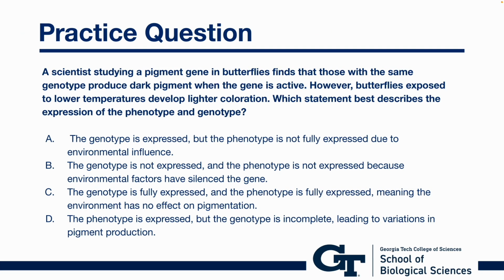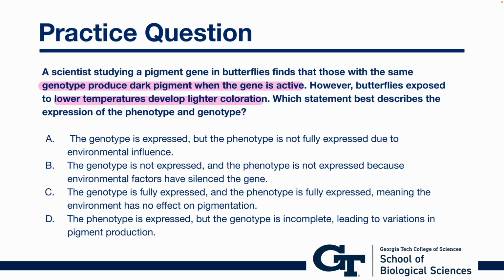Right, we see here, this is a practice question talking about the difference between phenotypic expression and gene expression. Butterflies produce the same dark pigment when the gene is active. However, in lower temperatures, they become lighter. So what is the difference between the expression of the genotype and the phenotype? Well, we know that these butterflies have the same genotype, but something is happening to make them lighter.